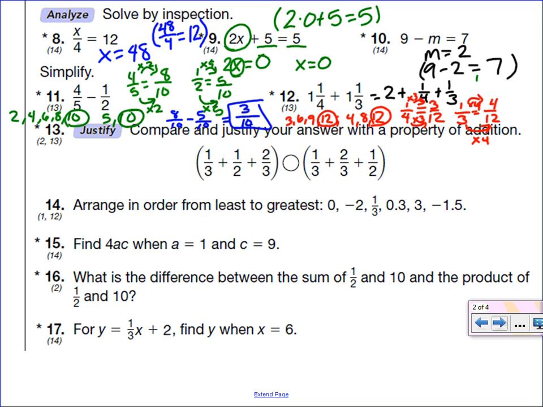So 1/4 plus 1/3 turns into 3/12 plus 4/12.